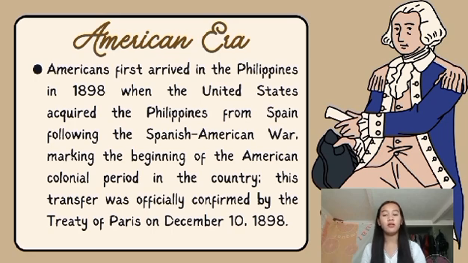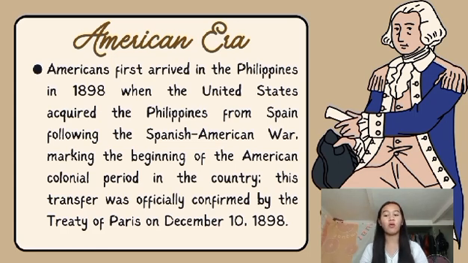In 1898, the United States arrived in the Philippines after defeating Spain in the Spanish-American War. Following the war, Spain ceded the Philippines to the U.S. as a part of the peace agreement.